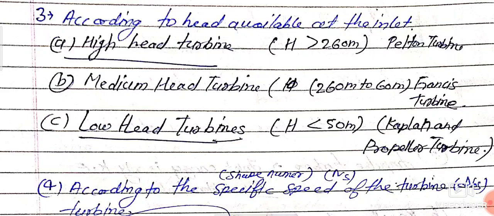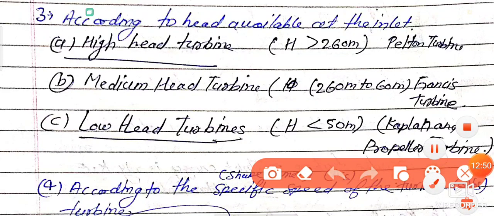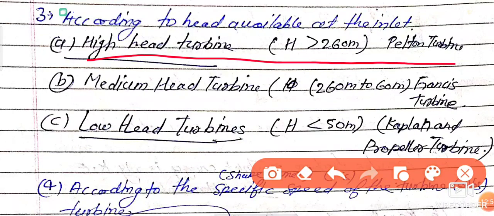In the high head turbine, the head available at the inlet of the turbine is greater than 260 meter. For example, Pelton turbine is an example of high head turbine.